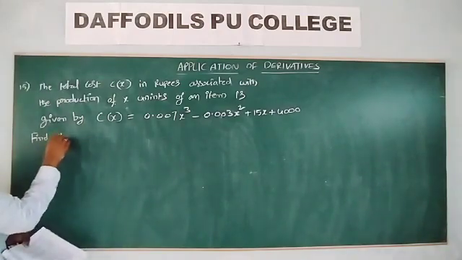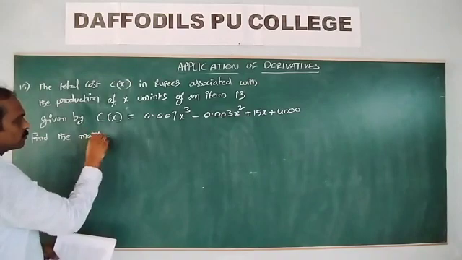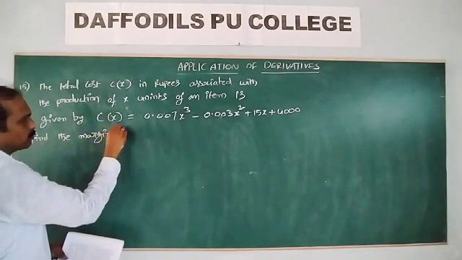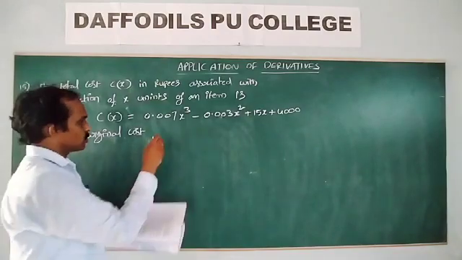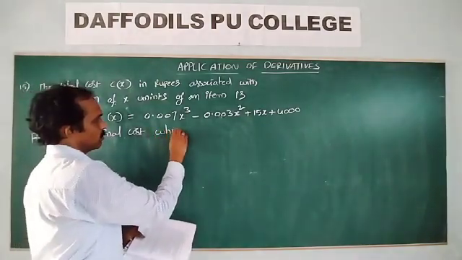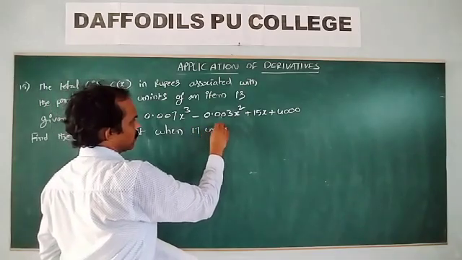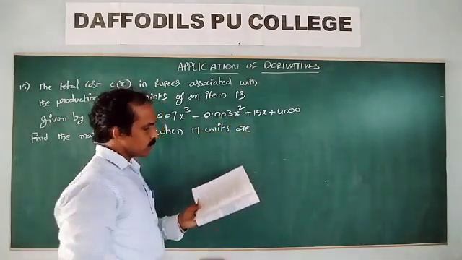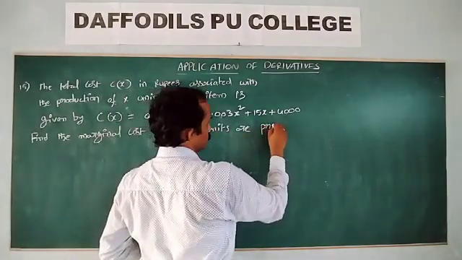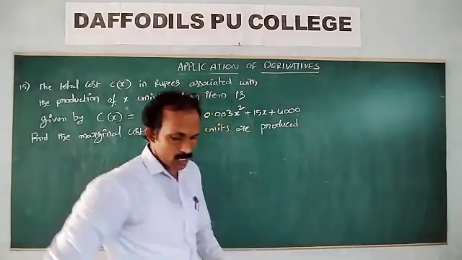Find the marginal cost when 17 units are produced. So this is the question.